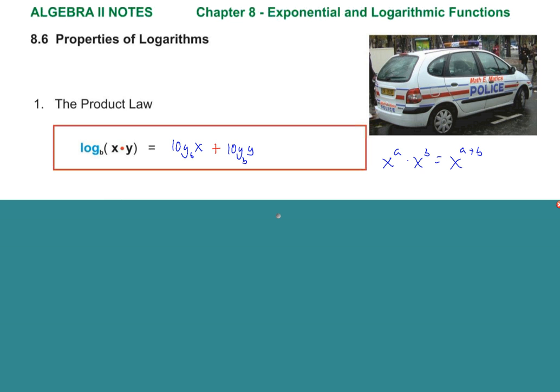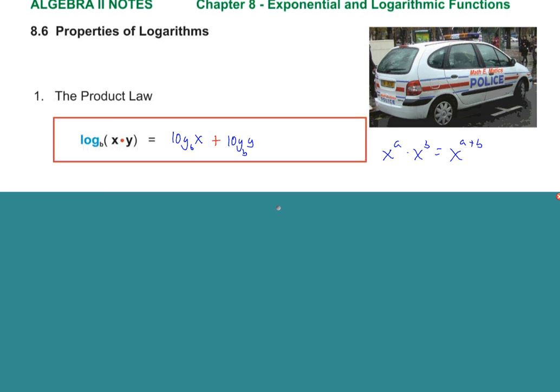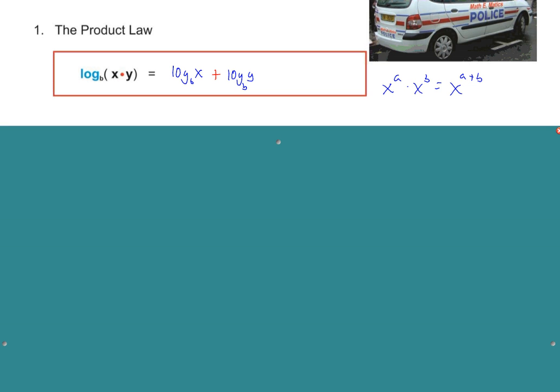Because logarithms are exponents. So what's the analogy? You don't need to mark this in your notes, but logarithms are exponents, right? And you add the exponents. That is an exponent, and that is an exponent. Logarithms are exponents, and you add the exponents. That's the tie-in.